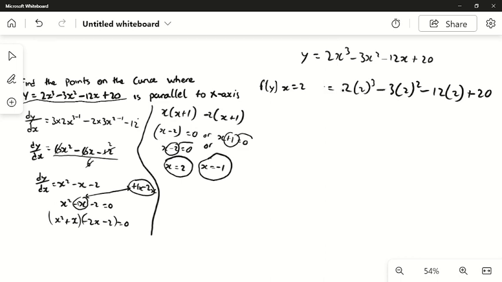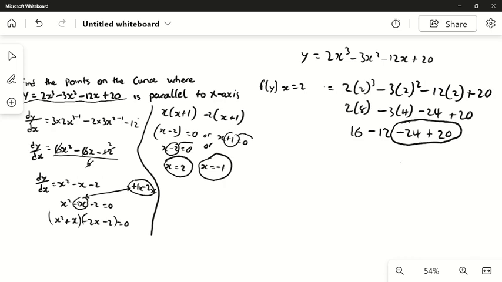So we now have 2 open bracket 8 close bracket minus 3 open bracket 4 minus 24 plus 20. So we have 2 times 8 is 16, minus 12, minus 24 plus 20. Minus 24 plus 20 gives minus 4, and 16 minus 12 gives plus 4.